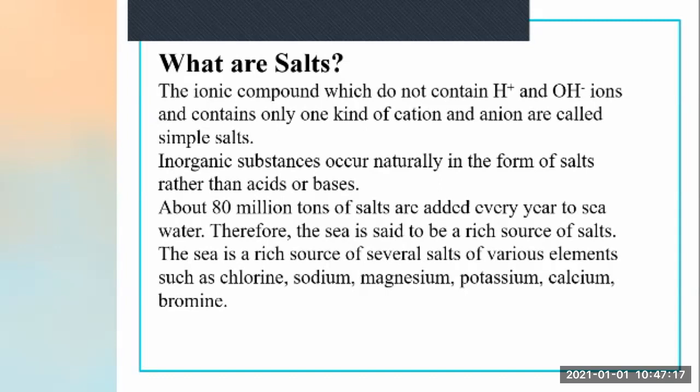Now see, what does this definition mean, students? The ionic compound does not contain which ions? H plus, positive, and OH minus, negative ions, and contains only one kind of cations and anions. What do you mean by cations and anions, students? Cations are positively charged ions and anions are negatively charged ions, right? So when an ionic compound contains only one kind of cations and anions, they are called what?